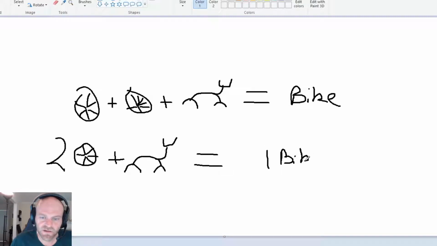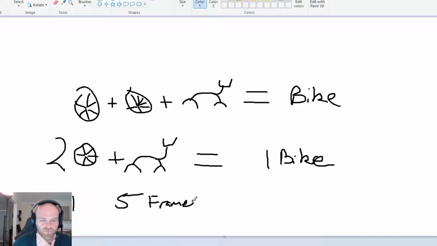Alright, so now if I gave you a problem and I said, hey, I have 21 tires, okay, and 5 frames. I got 21 of these little ugly tires that I got, and I got 5 frames. How many bikes can I make? Right?